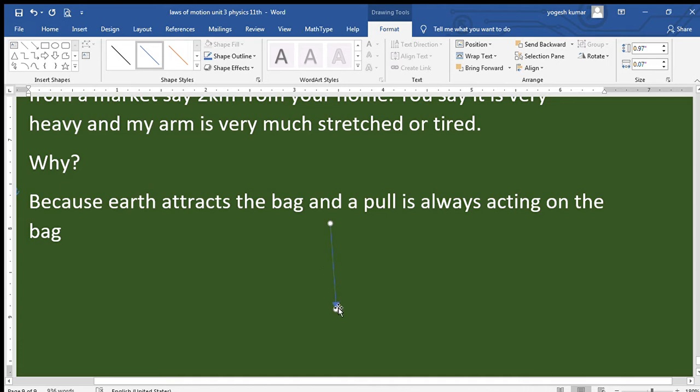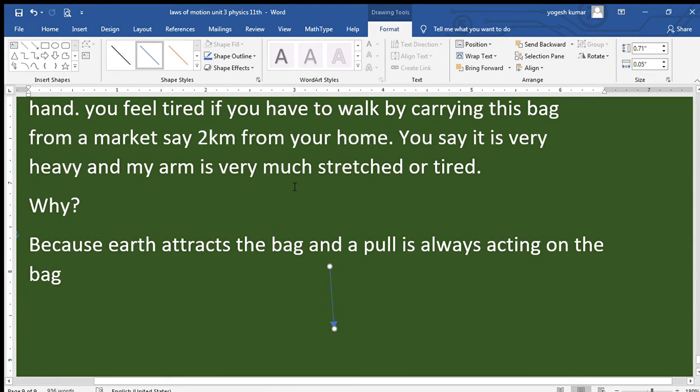Earth always has attraction downward. For this 10 kg, you have to apply a force in the upward direction. So you have to balance the force of the earth by applying your body force.